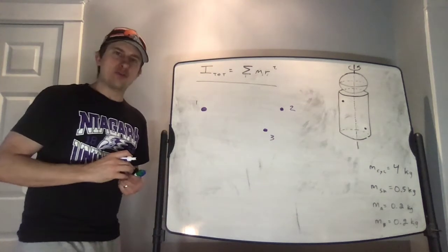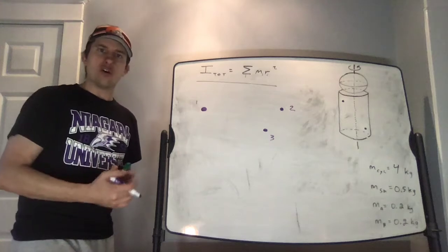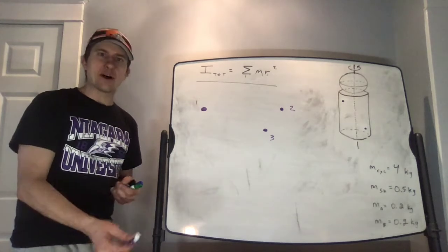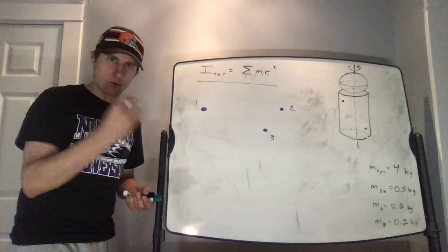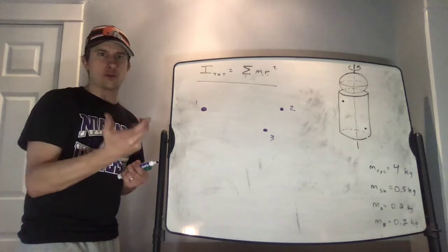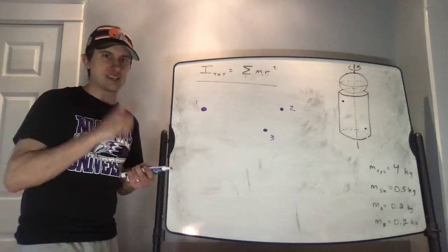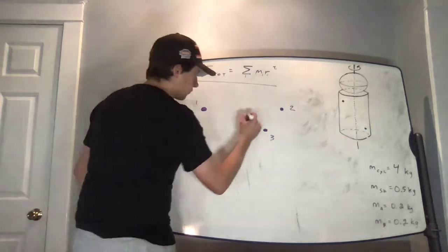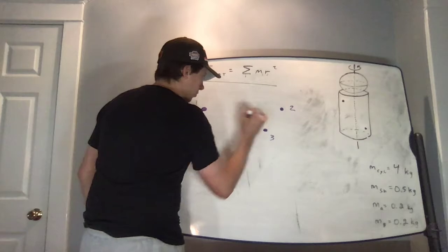Let's also suppose that these 3 particles are all moving in a circular path about some common center of rotation. So you could kind of think of it as though they're all in circular orbits about some common central point. And we'll say their center of rotation is right here.